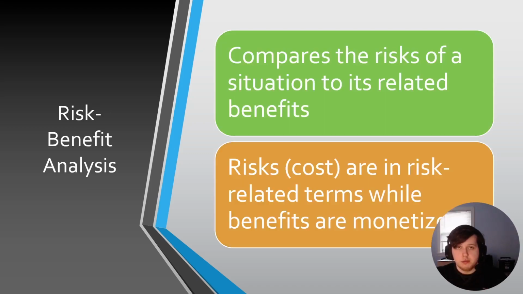Moving on to risk-benefit analysis. This type of analysis is used to compare the risks of a situation to its related benefits. In risk-benefit analysis, the risks remain quantified in risk-related terms, while the benefits that accompany that risk are often monetized.